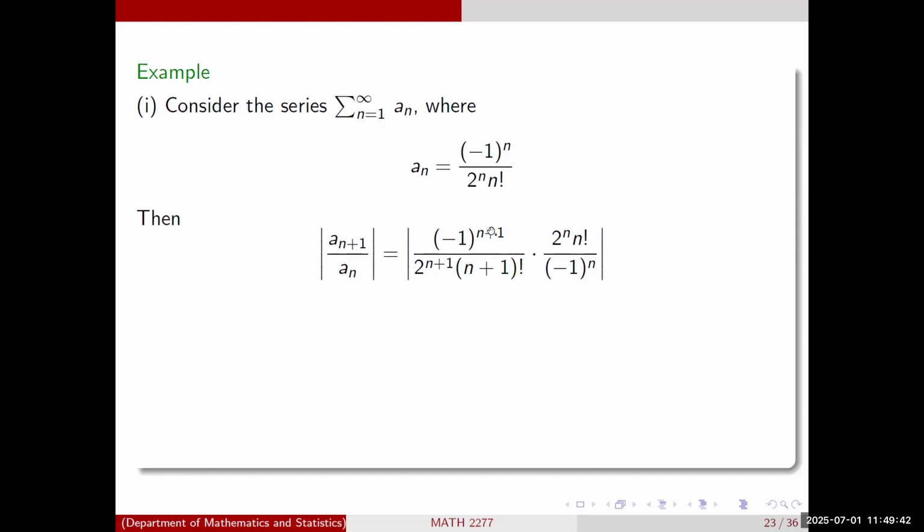So the (-1)^(n+1) and (-1)^n, some stuff cancels. 2^n cancels with 2^(n+1). You apply your rules of indices and you get some simplification. n! over (n+1)! gives 1 over n+1. Maybe I should show this.